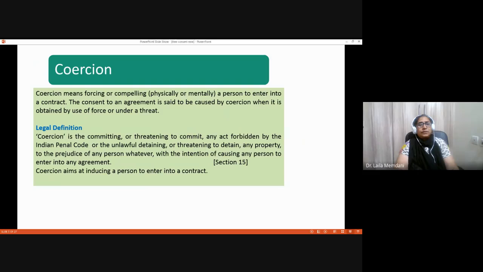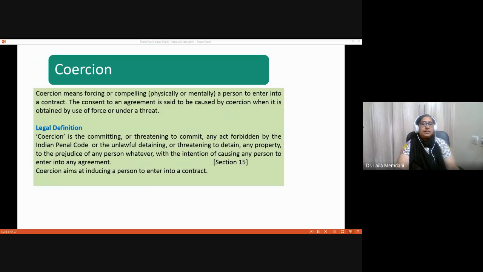Now, from the legal definition of coercion, we mean certain things like committing any act forbidden by IPC. Anything which is forbidden by IPC is coercion. Or threatening to commit any act that is forbidden by IPC.